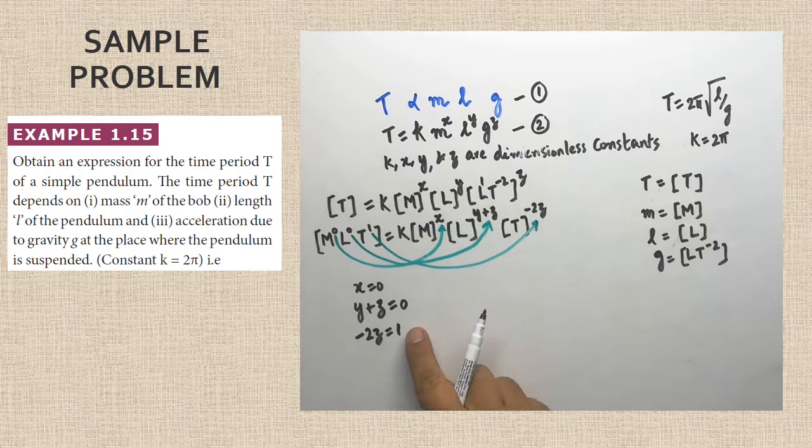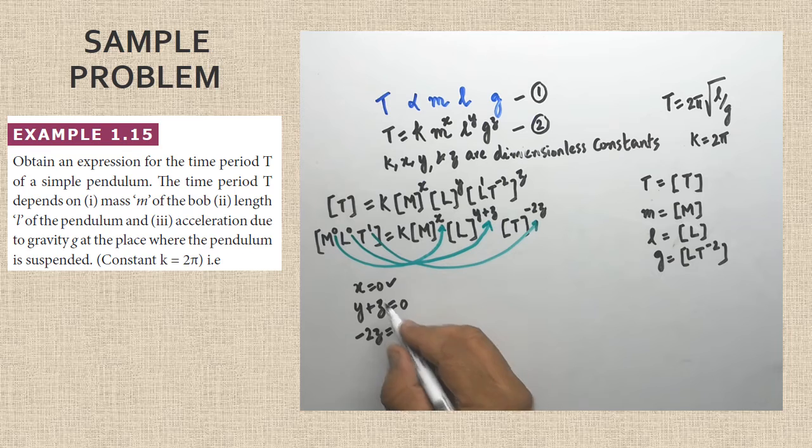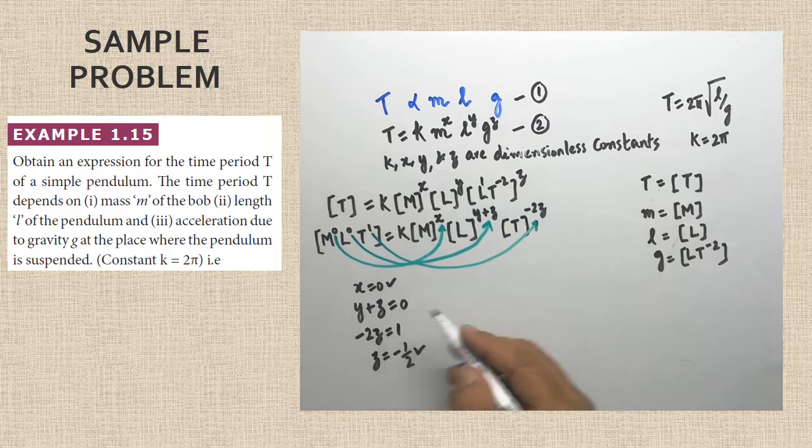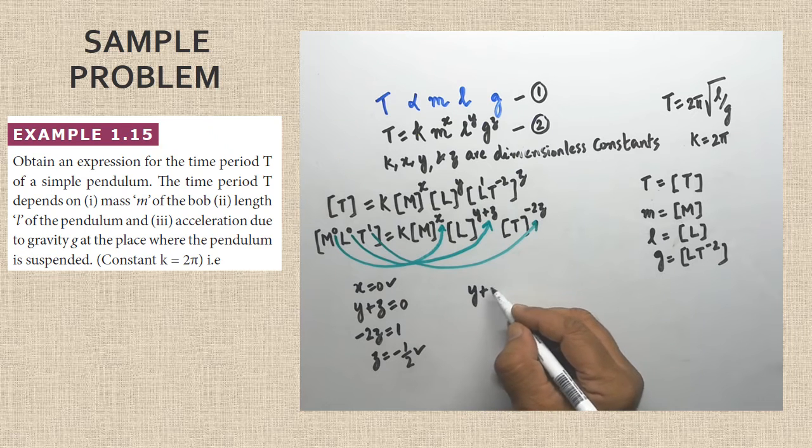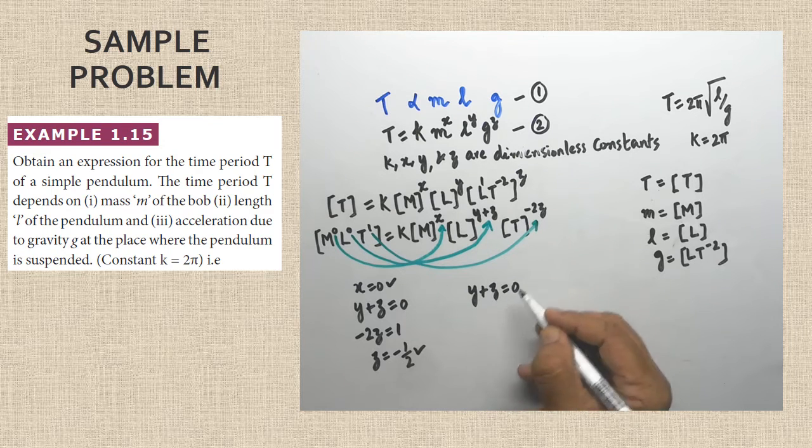Now we have to solve the equation with the help of algebra, and finally we have to get the values of x, y and z. X is already ready. X is equal to 0. With the help of z we can write z is equal to minus half. So z is also ready. Substitute the value of z in this equation. Y plus z is equal to 0.